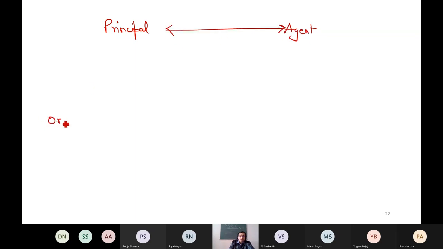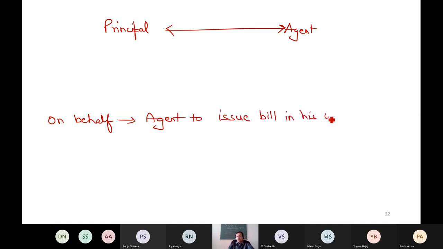What do I mean by on behalf? When you say that agent is acting on behalf, that means agent has the authority to issue bill in his own name, not in principal's name. When agent was acting as supplier, he can issue the bill in his own name.